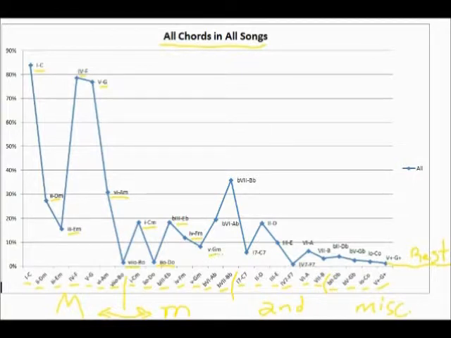5 minor, seems pretty low. I chalk that up mostly to the fact that in minor, people really like to borrow the major 5 chord. But, you know, in fact, that's where you get the harmonic minor scale from. That's the most popular minor scale, by the way, if you ever heard of that.